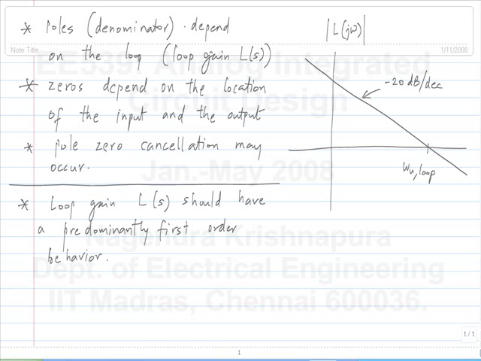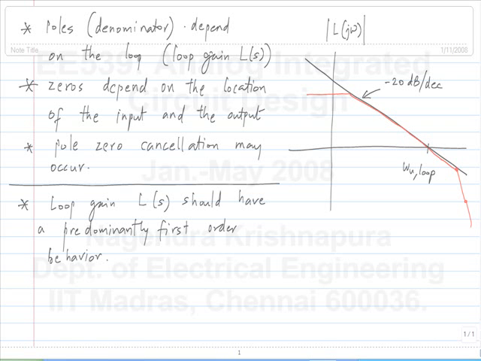This is the magnitude of the loop gain. Now in reality I do know that I will have a finite DC gain, okay, and also I will have parasitic poles, and for stability I should place these parasitic poles and zeros well beyond the unity gain frequency.